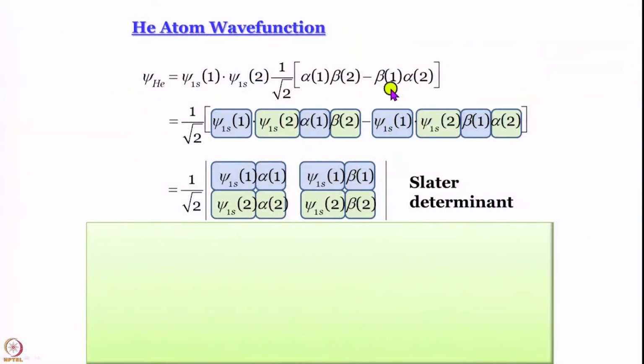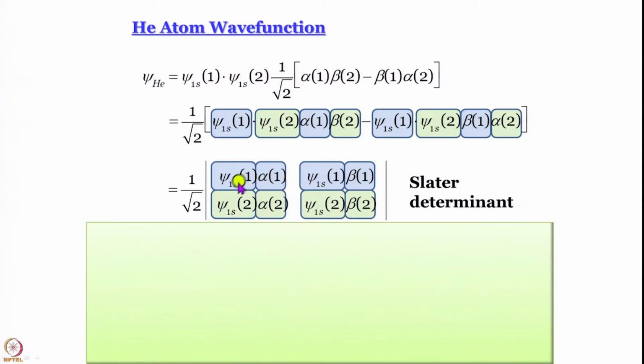So, we are talking about the helium atom wave function, the many electron atom wave function, and we have learned this elegant way of writing the wave function in the form of a Slater determinant. Let us have a look at the Slater determinant. Look at the first row. What is the constant and what is varying? Electron number is constant, is not it?